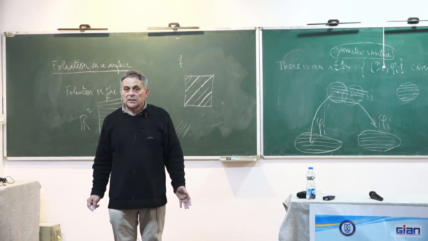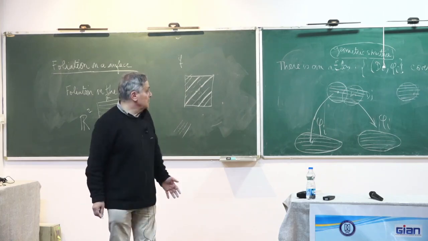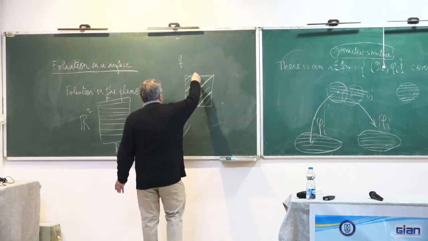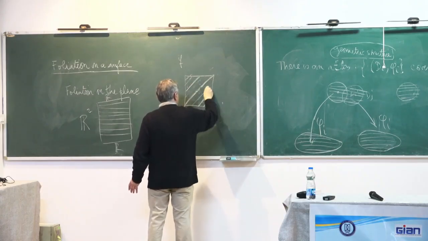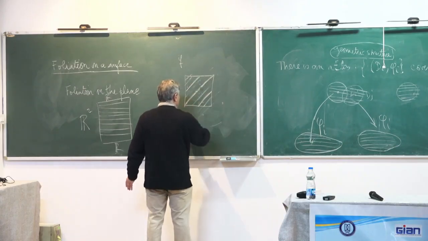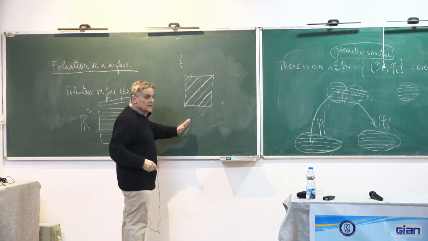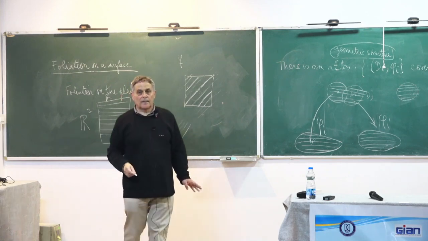The foliation on the plane is just this one which you extend.